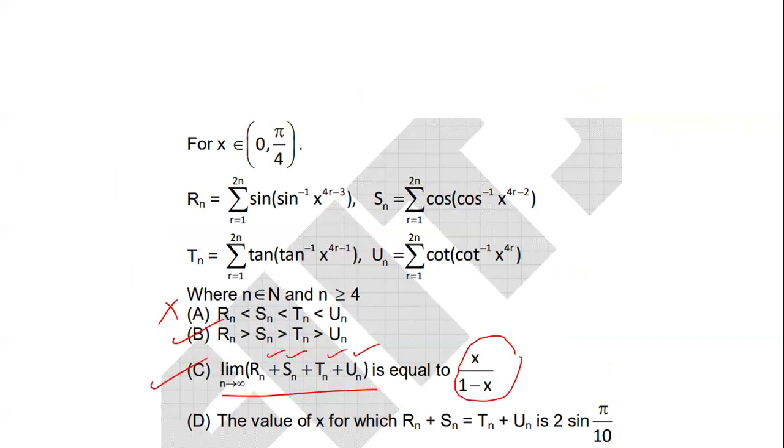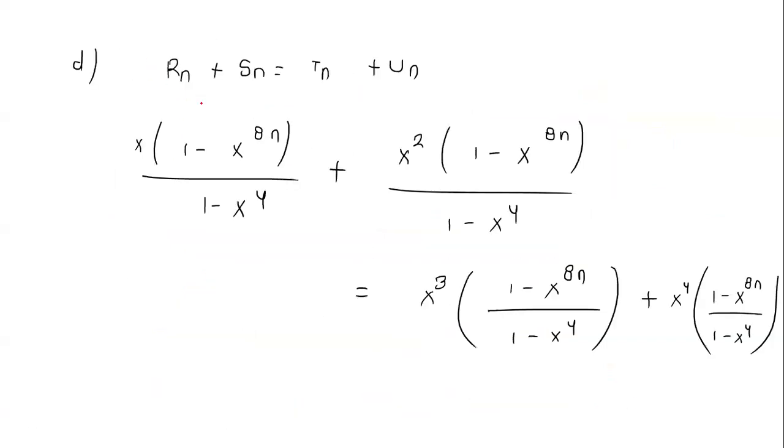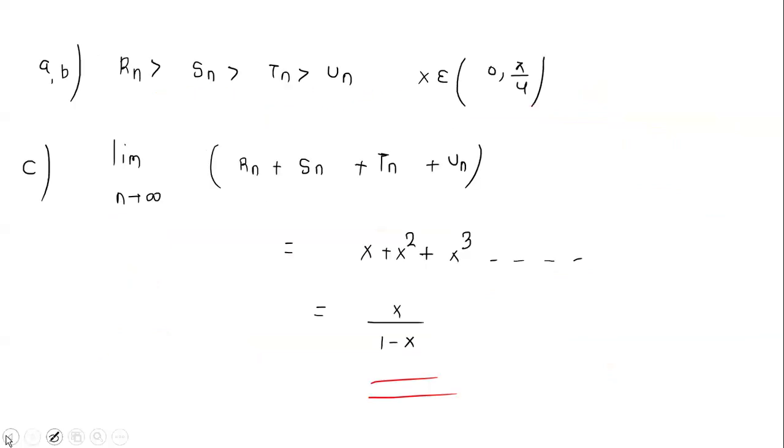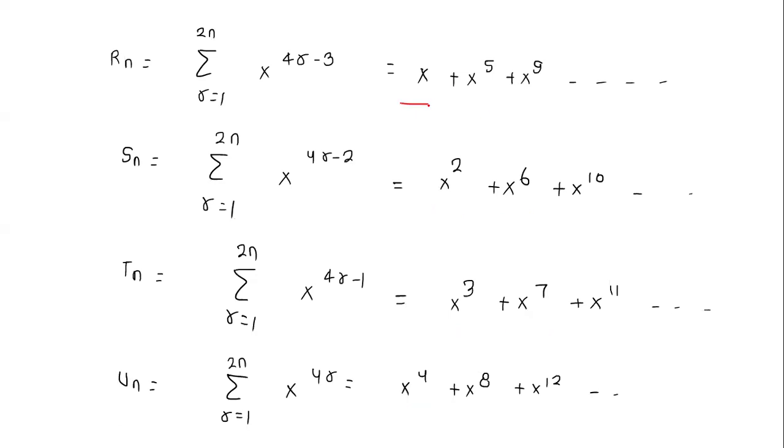And the last option is the value of x for which R of n plus S of n is equal to T of n plus U of n. It is given in the problem. So R of n plus S of n is equal to T of n plus U of n. So we know R of n series, which is this series, and the value of r goes up to 2n. So the last value of r is 2n.